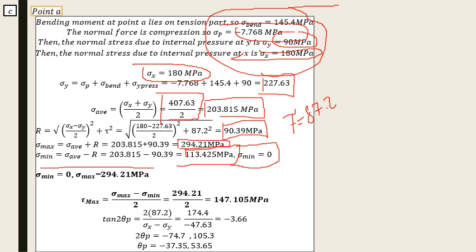Then these are the values: sigma min 0 and sigma max this. Then to determine tau max, it is sigma max minus sigma min divided by 2, and look at this. This 144.105 will be used to determine whether the yield will occur or not. And this is the total.